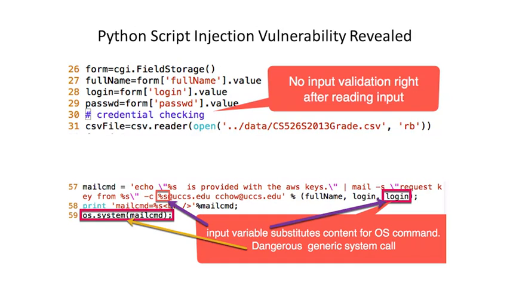In our case, we should use a specific mail command. Since the mail command variable contains the variable login from the initial user input, this vulnerability is very severe and often classified as such in scanning tools.